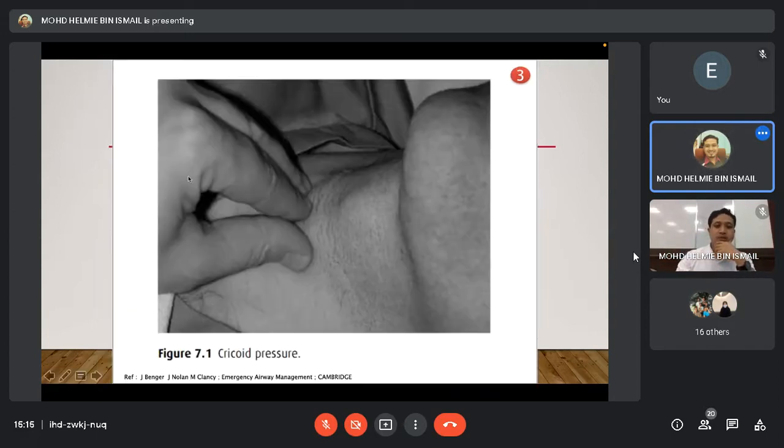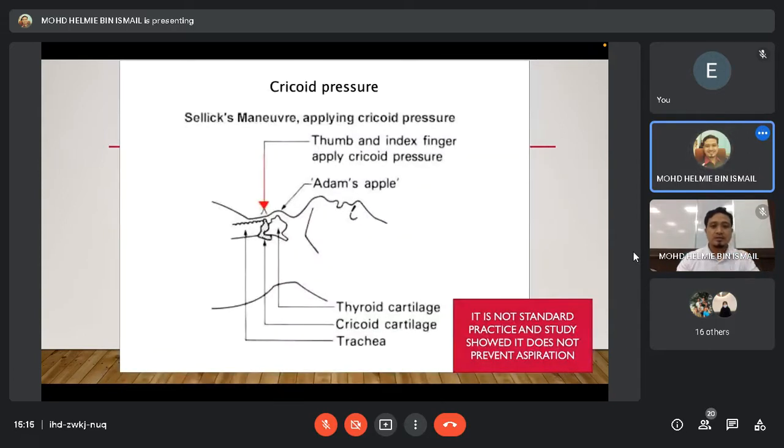Alright. This one is cricoid pressure. Cricoid pressure is actually different from the BURP maneuver. What's the difference? First is the anatomy where we give the pressure. First, we give the pressure on the cricoid cartilage.